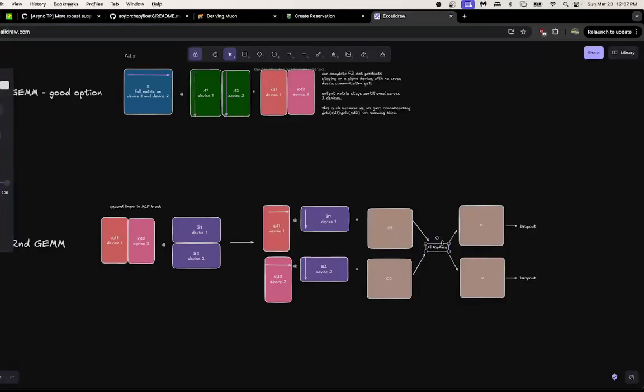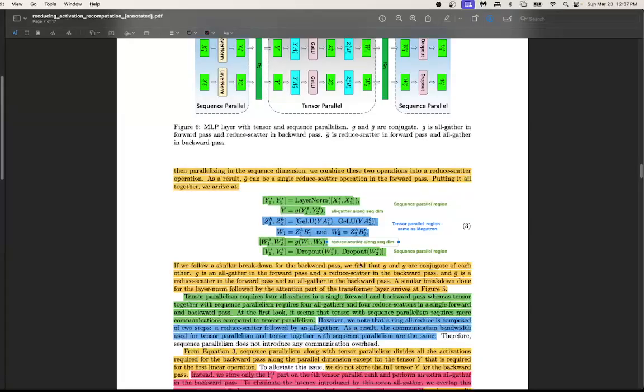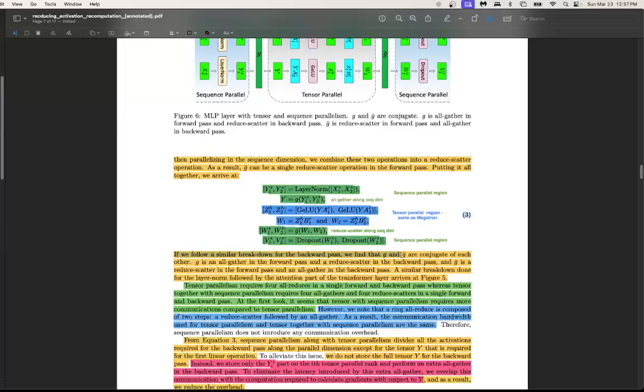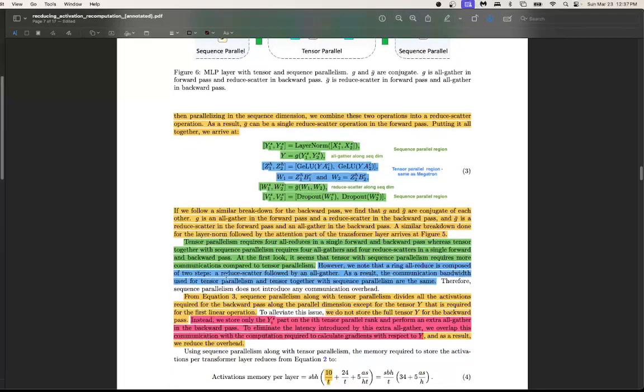So rather than doing all reduce, we do a reduce scatter here, and then apply dropout individually while they're partitioned along the sequence dimension, and we have outputs which are partitioned along the sequence dimension. And then this would all start over, right? We go into the next layer norm, still along the sequence dimension, and then we would all gather and go into, at some point, an attention layer and so on. So yeah, that's the new math describing this.